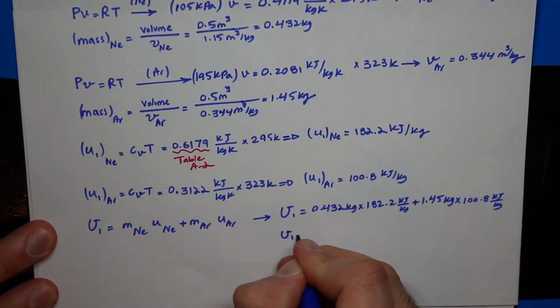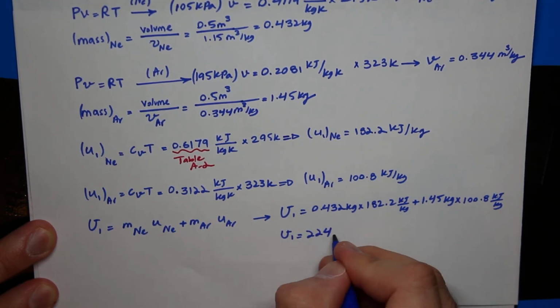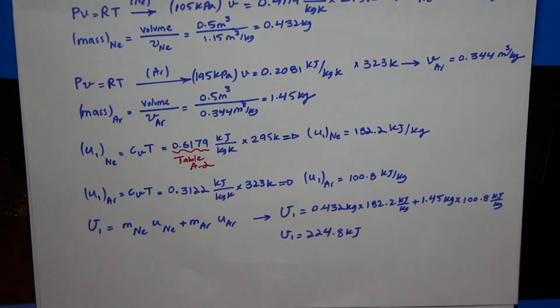And that gives me uppercase U1 equal to 224.8 kilojoule. So this is in fact the total internal energy before the membrane breaks.